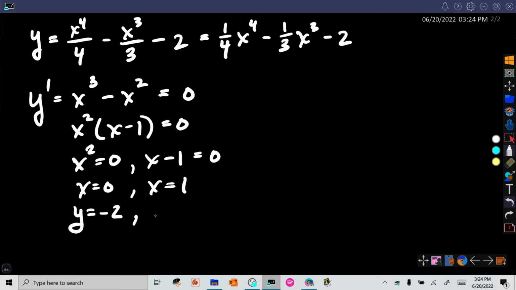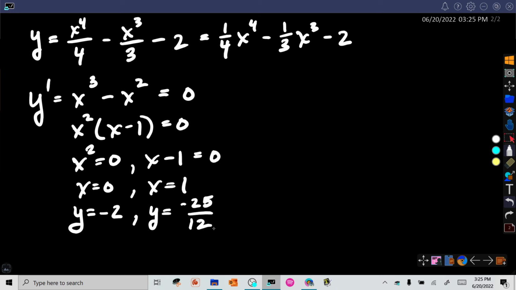We just have to sub a 1 into that, and the y value that corresponds is minus 25 over 12. Again, I'm not going through all the algebra here, but if you sub the 1 in, you're going to get 1/4 minus 1/3 minus 2, and that's going to equal minus 25 over 12. Common denominators, adding, subtracting, a whole bunch of stuff, you're going to get this.